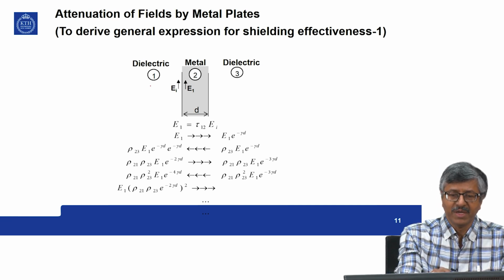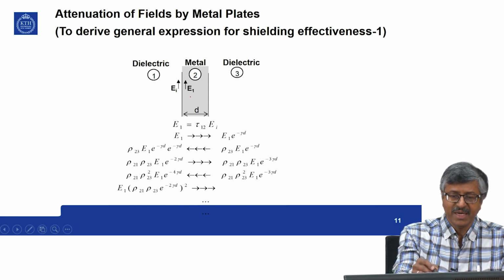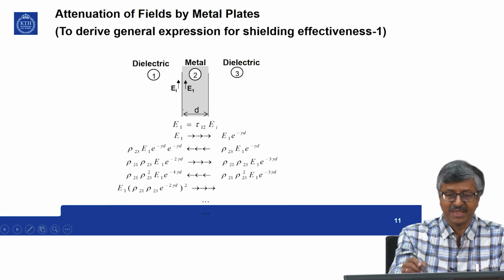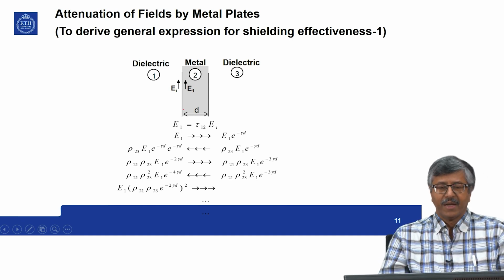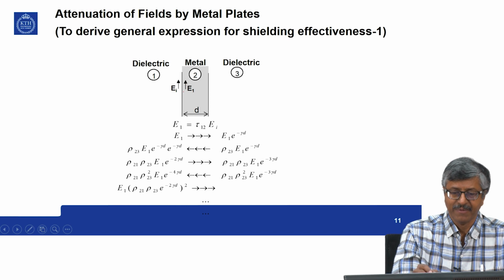So, medium 1, this is dielectric, and this is metal. E_I is incident. Now, here it is E1, d is the thickness. Just across this boundary, E1 is the transmitted field.